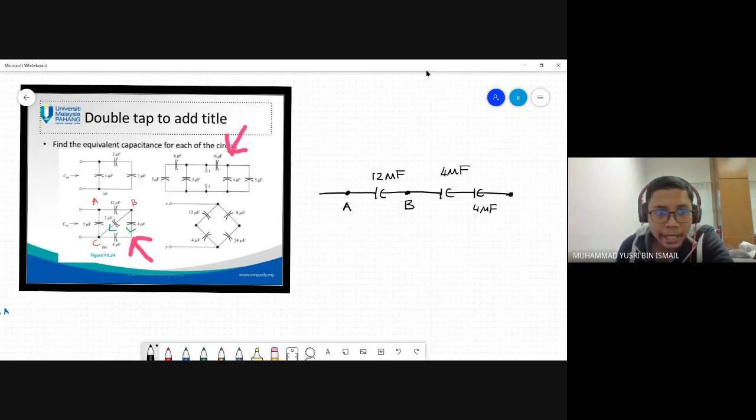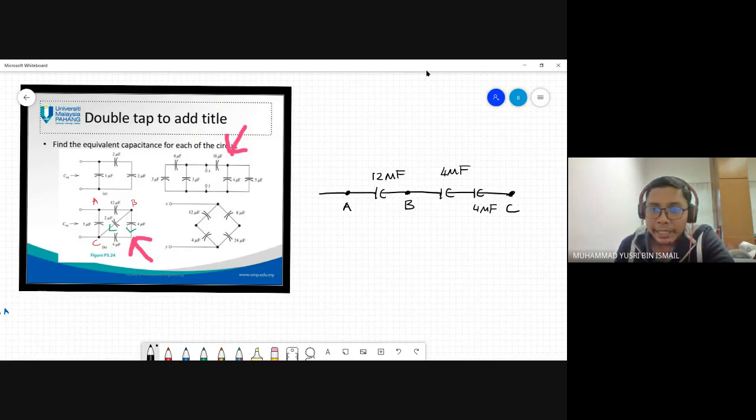So basically dah sampai dah dekat junction C. Okay, ni junction C ni.